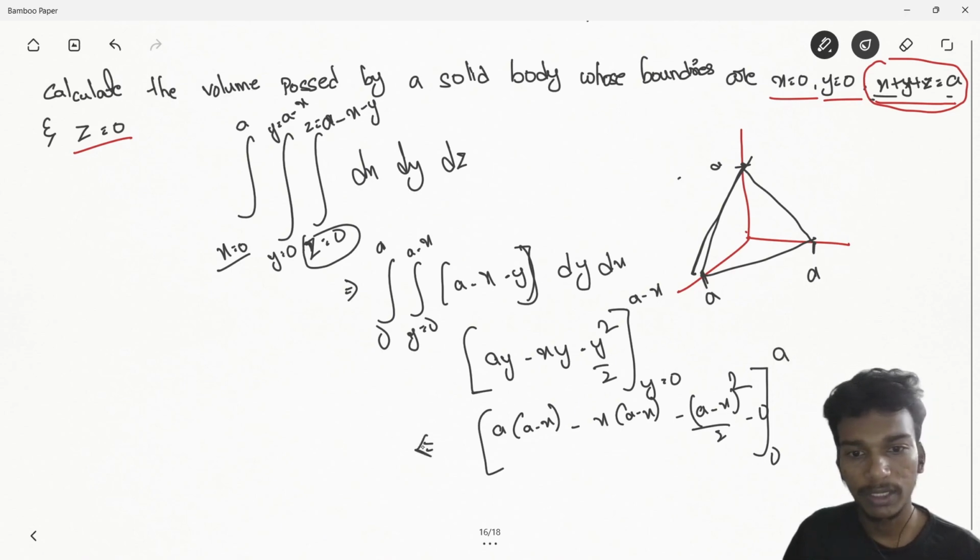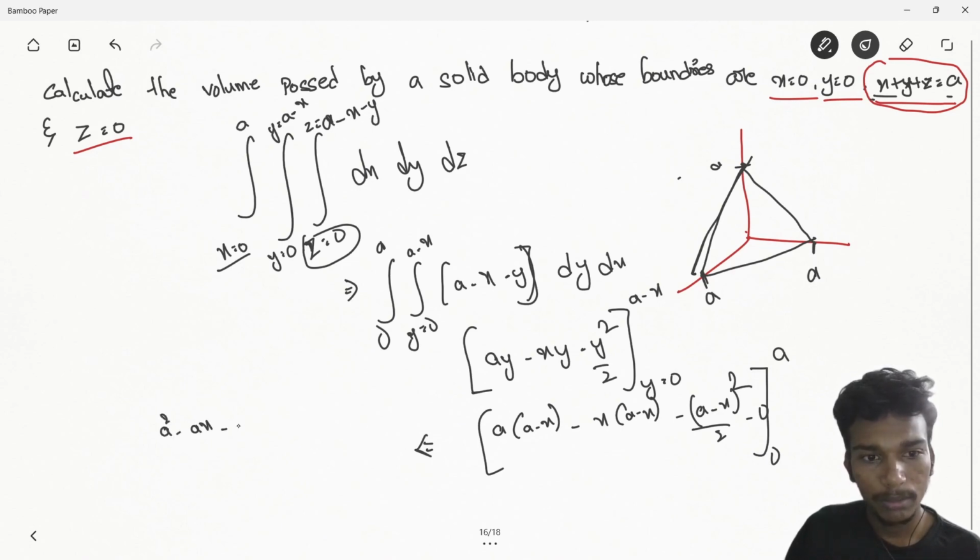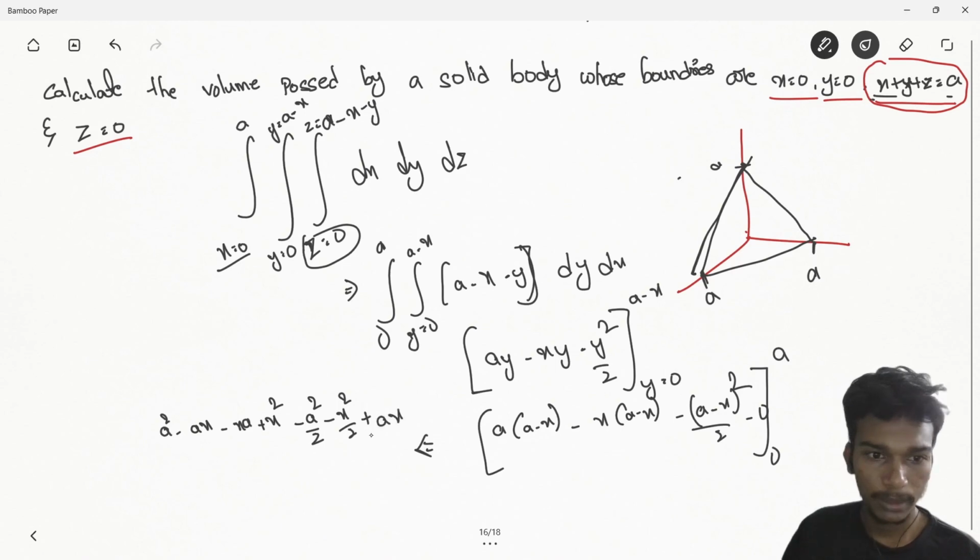Now I'm going to simplify this function. a square minus ax, minus xa plus x square, minus a square by 2, minus x square by 2, plus ax. Right? Now I'm going to cancel off these two terms, and I'm left with these.